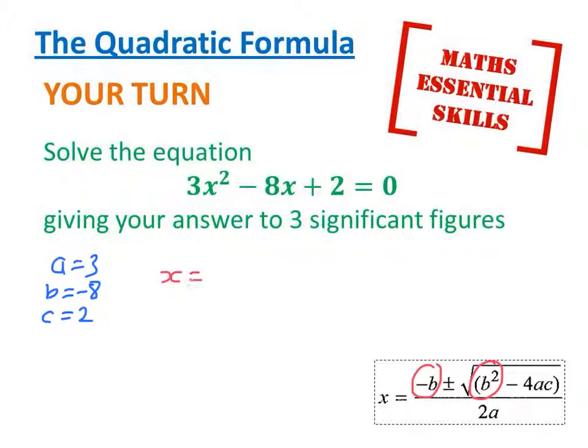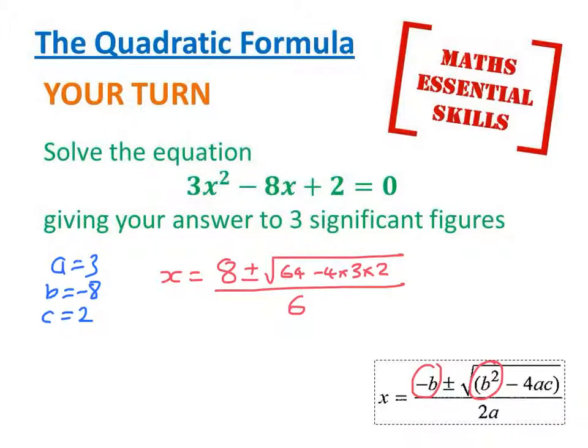So x equals negative 8 makes 8, plus or minus the square root of B squared. Well, negative 8 squared is 64, minus 4 times A times C, all divided by 2 lots of your A figure.